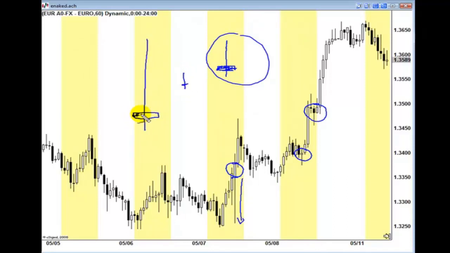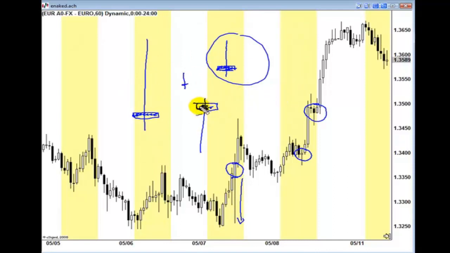But the prerequisite is that the wick of the candle, or the tail, as some people like to call it, is much bigger than the candle body. Now, spikes can either be up, in this case, or they can be down, like that. Okay, you can get them in both directions, and they can both happen at the top or the bottom of a trend.